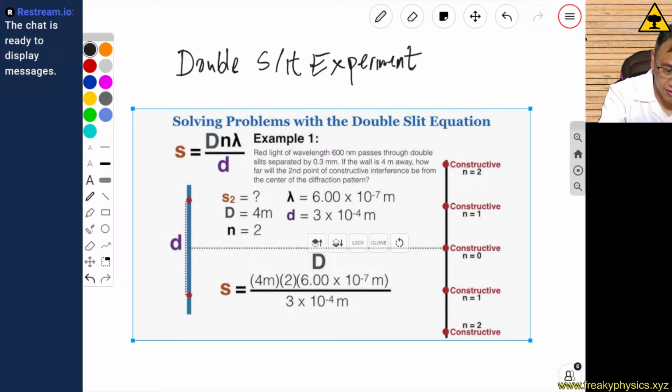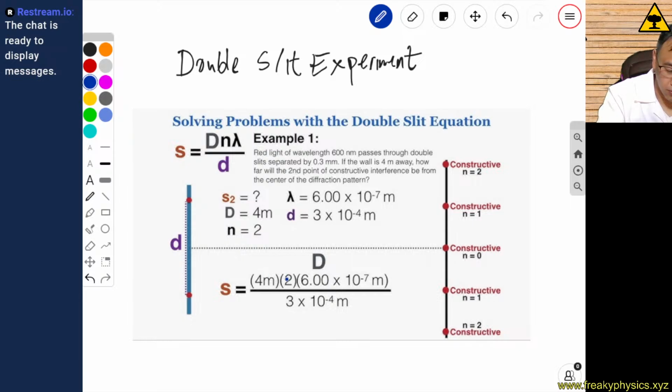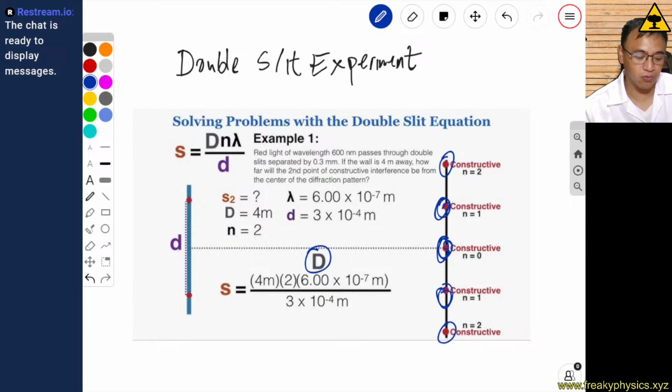Small d is the slit separation. Big D is the distance from the slits to the screen. The next part, n: n equals 0 for the center fringe. n equals 1 for the first maximum. n equals 2 for the second order maximum, and so on.